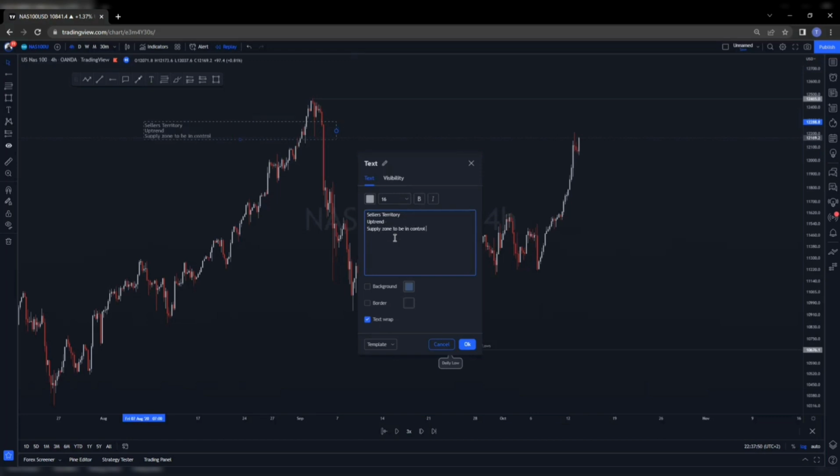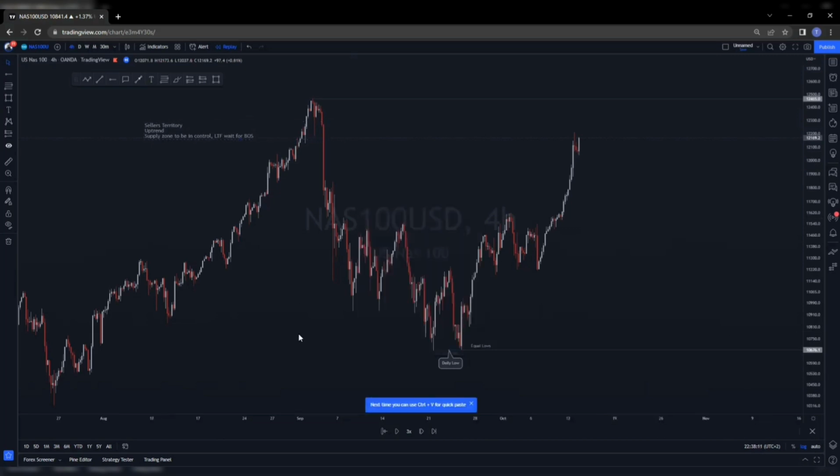And if it is, then on a lower time frame, we're waiting for a break of structure. But remember, this is a low probability trade because we're in a long-term uptrend.